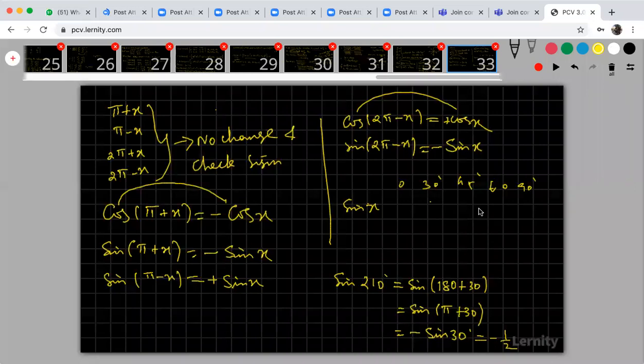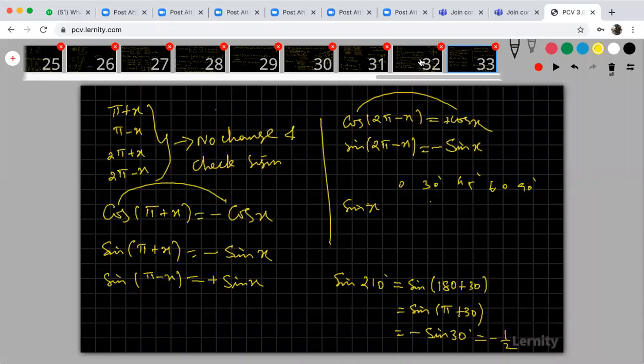Using this logic, we can easily find the value of sine of any angle, cos of any angle, similarly tan of any angle, cot, cosecant, secant, everything. The same procedure: pi means no change and 2 pi means no change. It is not only for sine and cos, it is the same for tan, cot, cosecant, secant.